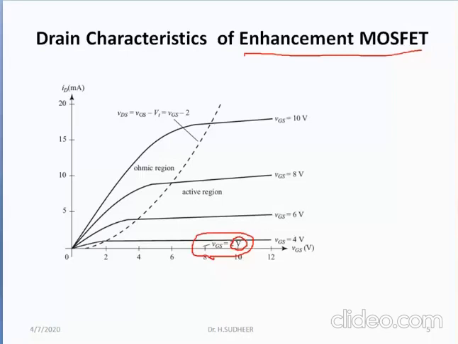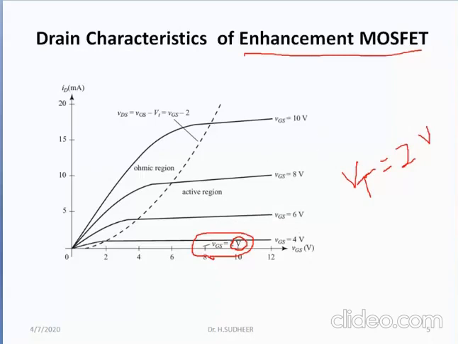The drain characteristics shown in the figure have VT equal to 2 volts. So when VGS is greater than 2 volts, the channel will be established. Then you can see the drain characteristics are similar to depletion MOSFET.